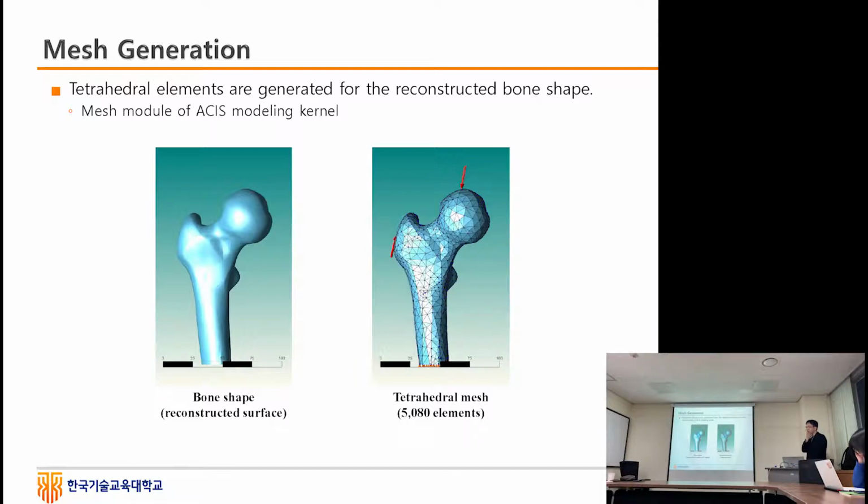For finite element modeling, firstly, tetrahedral elements are generated from the constructed bone shape. I used the mesh module of ACIS to make the mesh from the constructed shape. It is a commercial library.